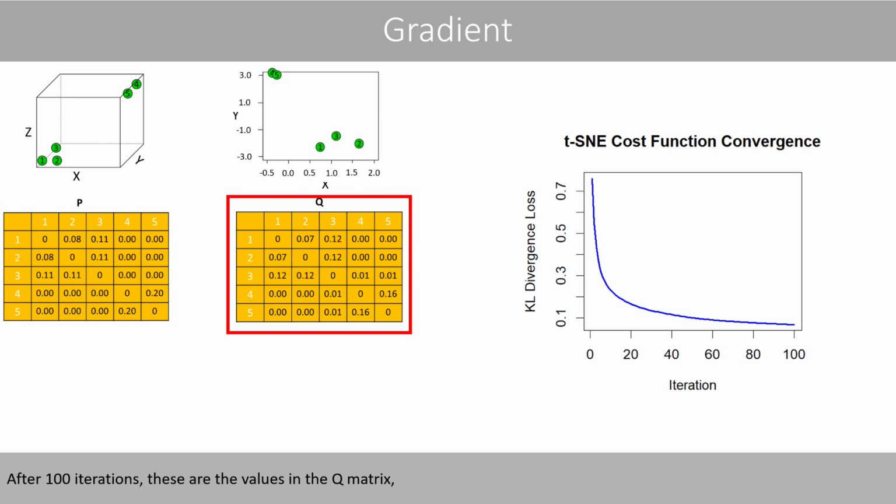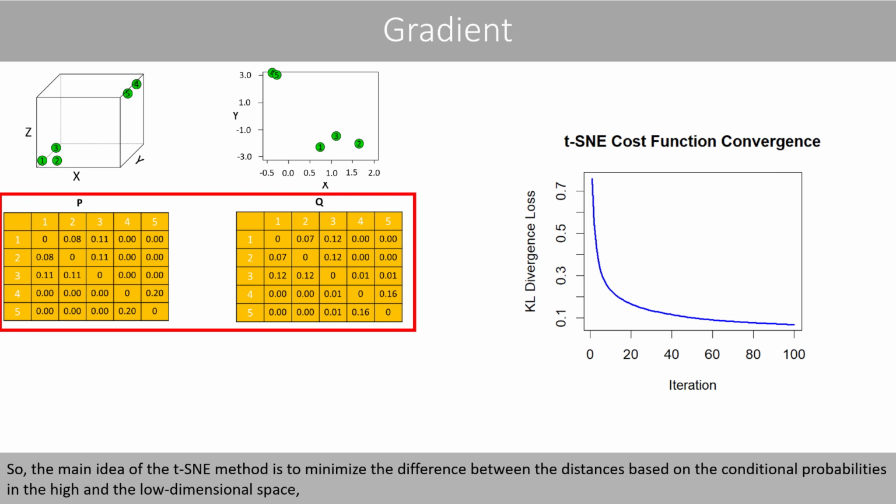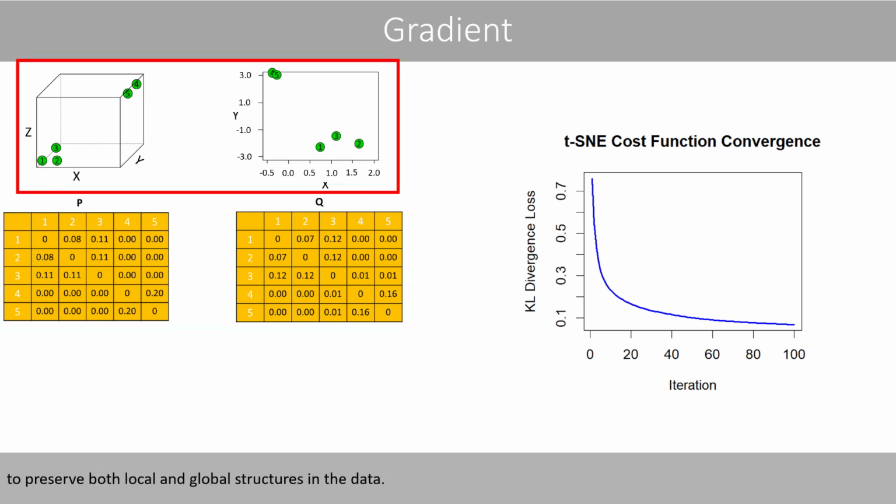After 100 iterations, these are the values in the Q matrix, which closely match those in the P matrix. So the main idea with the t-SNE method is to minimize the difference between the distances based on the conditional probabilities in the high and low dimensional space, to preserve both local and global structures in the data.